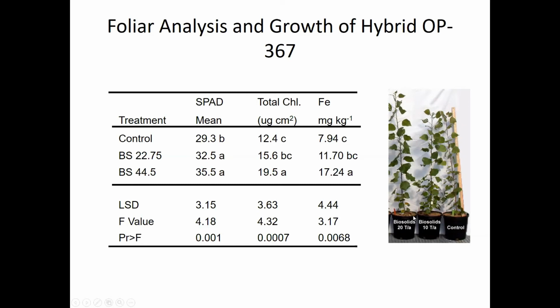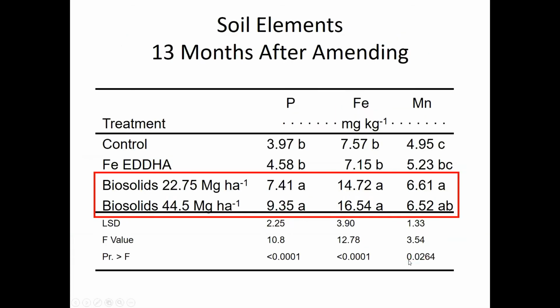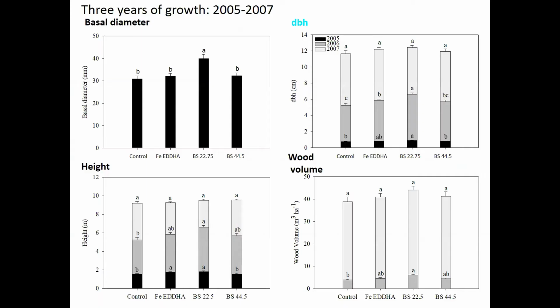We had significantly higher yields using this as a composted fertilizer source. So what I'm trying to say here is let's maybe think about the prospect of using some of these byproducts, even our own waste stream, as a source of compost.